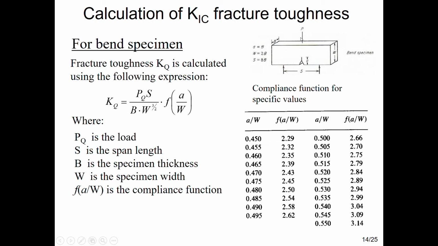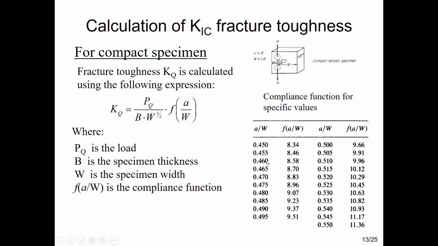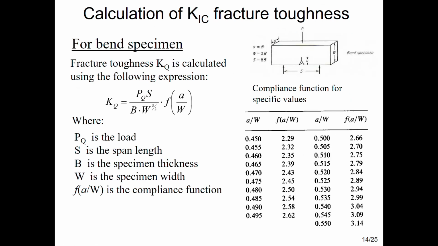S is the span length, B is the specimen thickness, and W is the specimen width. F of A over W is the compliance function that you can obtain from a graph. This is a different graph, but using the same approach.